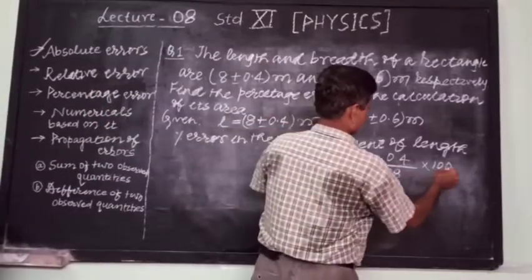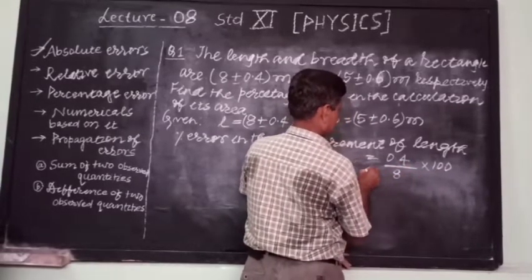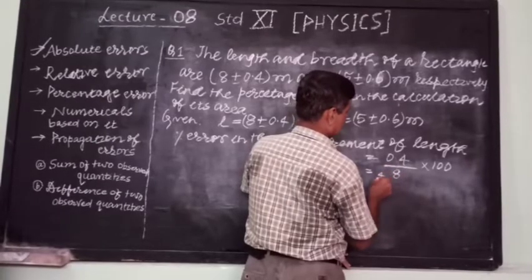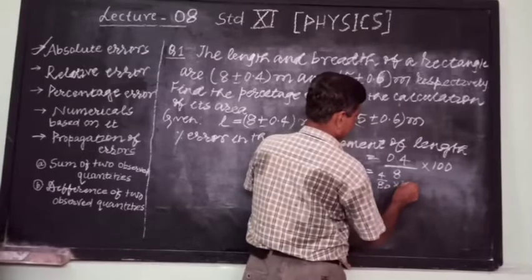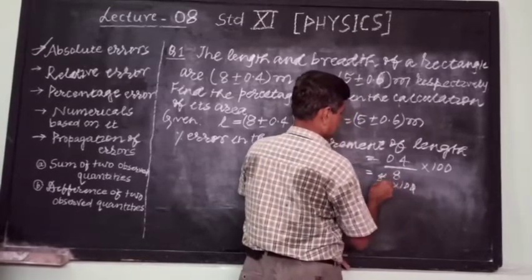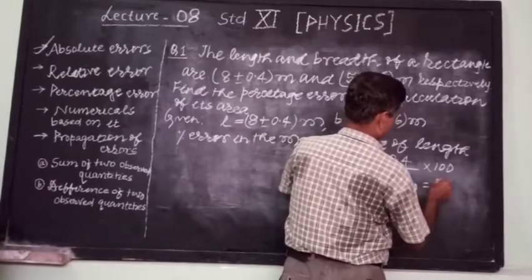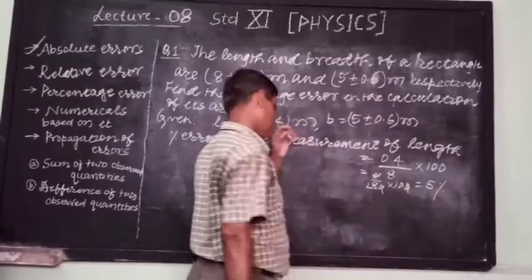After solving it, we will get 4 by 80 multiplied by 100. This 0 cancels. 4 to the 8, 10 by 2. Finally, 5.